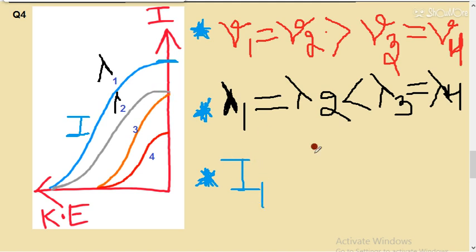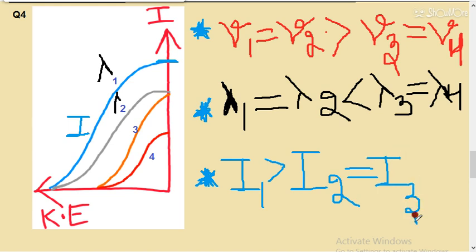For the second and third the current is the same, so I1 is greater than I2 equal to I3. For radiations 2 and 3 the photoelectric current is the same, which is why I have written I1 greater than I2 equal to I3, and I4 will be the smallest intensity because it has the smallest current. So I3 is greater than I4. So this will be the relation, students.